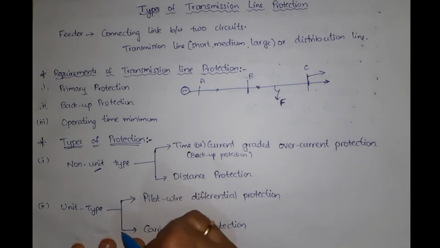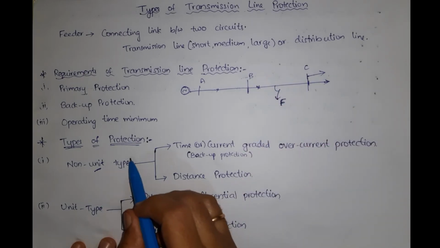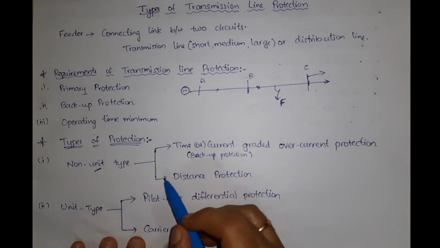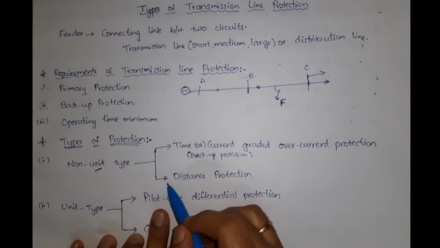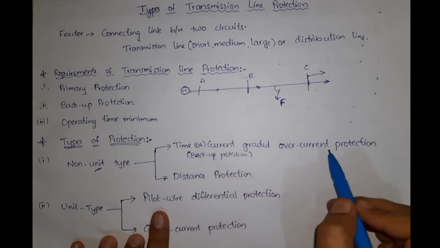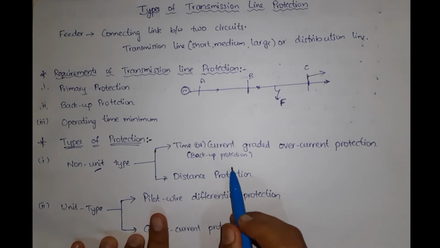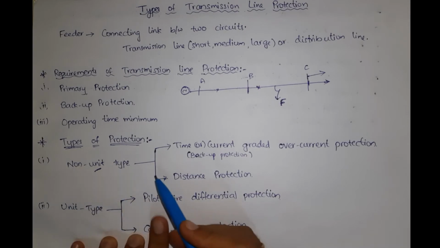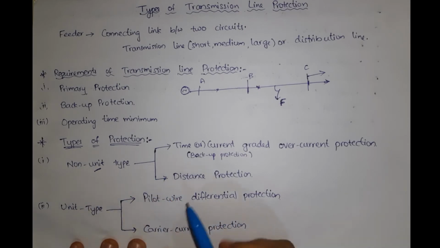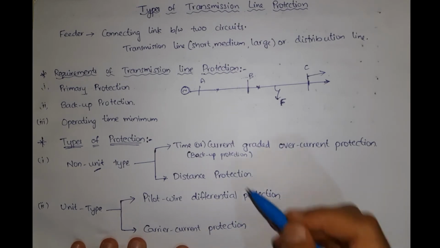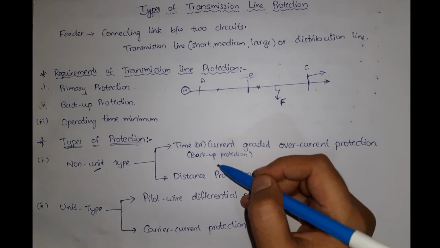The non-unit type in transmission line protection is done in two methods: time or current graded overcurrent protection and distance protection. These are the two different schemes for non-unit type protection. Coming to unit type protection, here also there are two schemes: pilot wire differential protection and carrier current protection. Let us see all of these schemes in detail in the coming lectures.